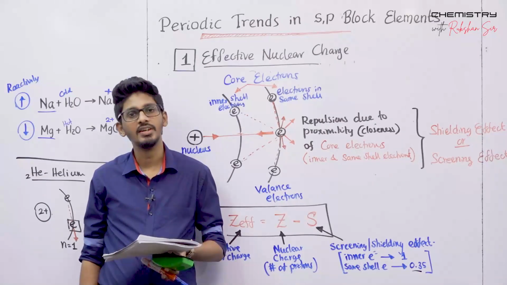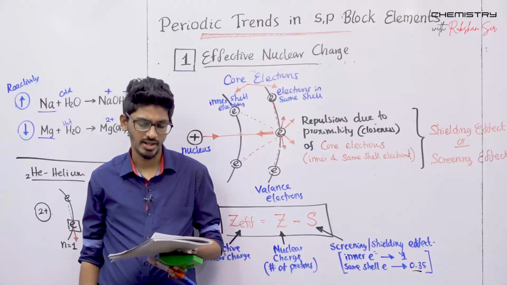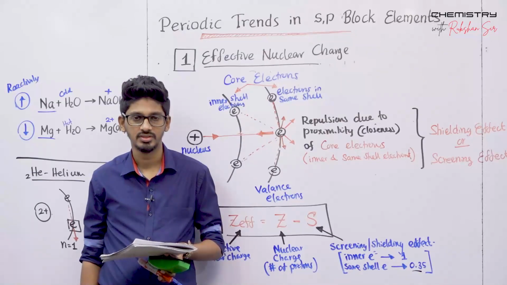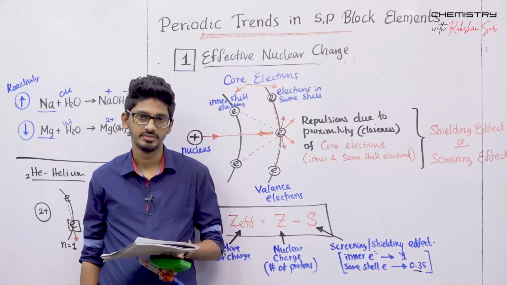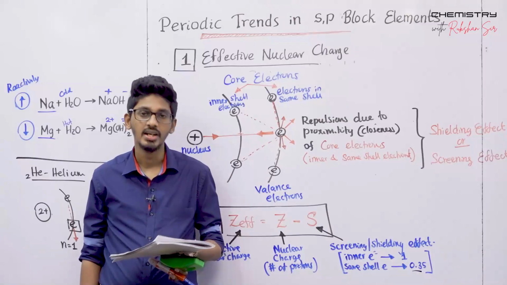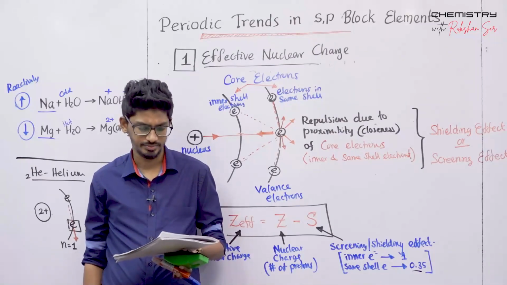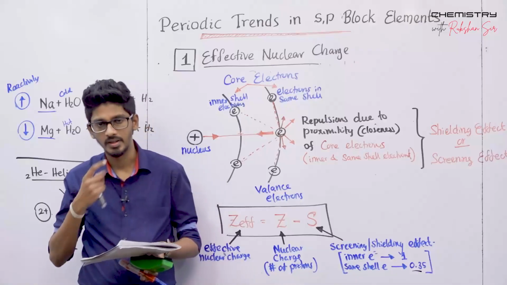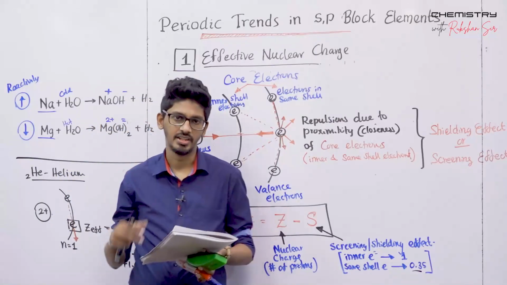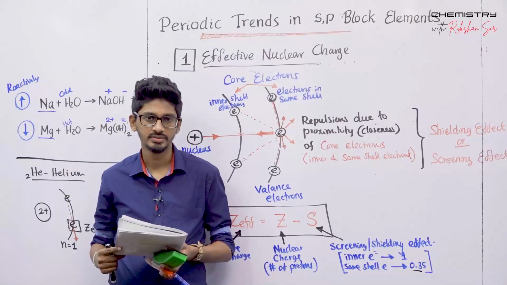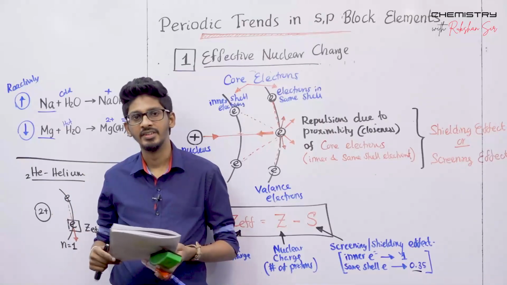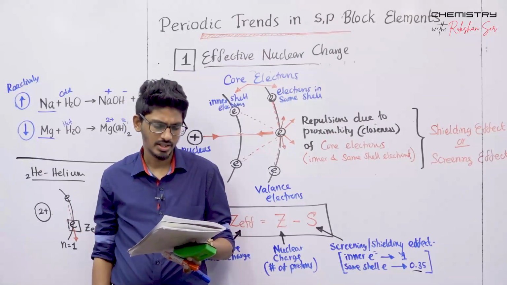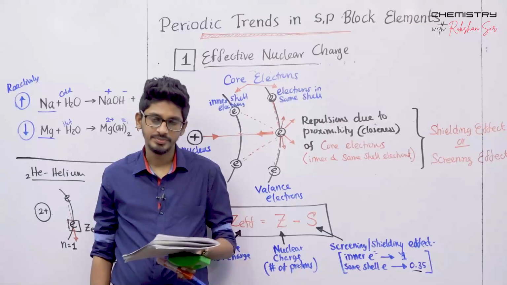Put a comma and write Z effective. It's termed as the effective nuclear charge, Z effective. At the next line, come to the normal color and write the effective nuclear charge.